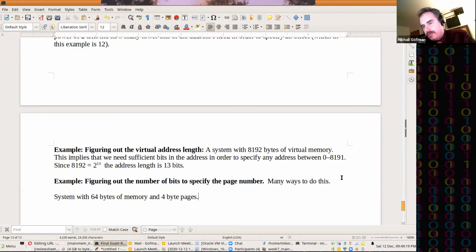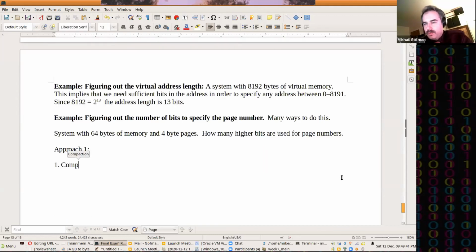I'll keep it simple. How many higher bits are used for page numbers? This is approach 1.